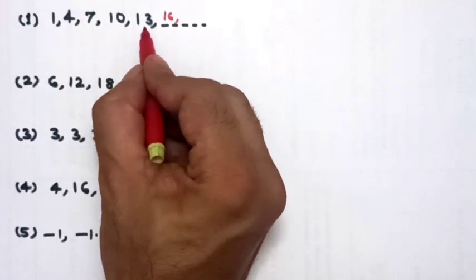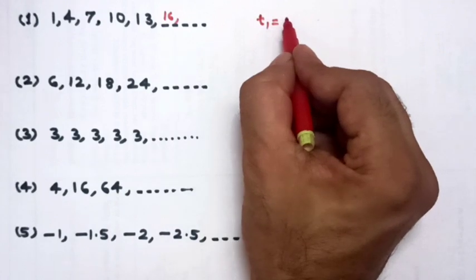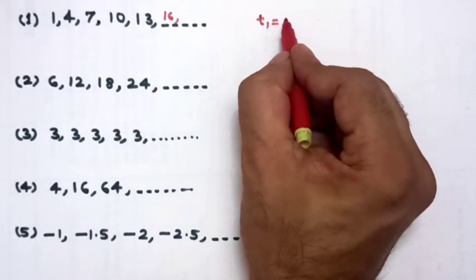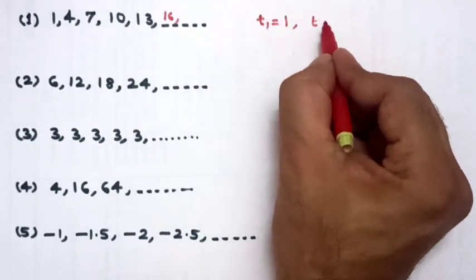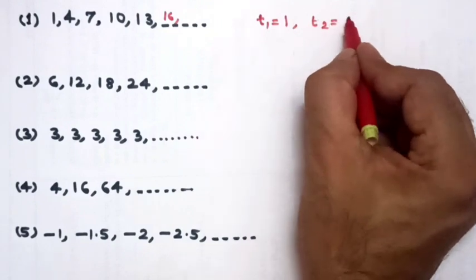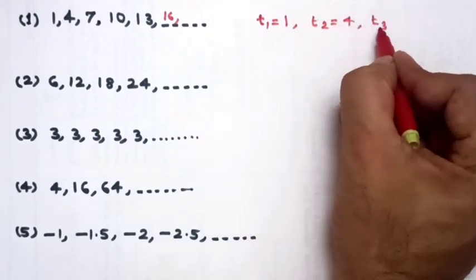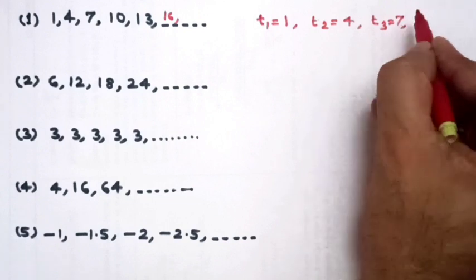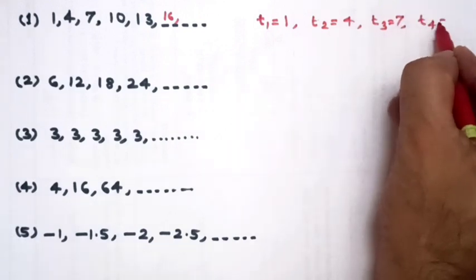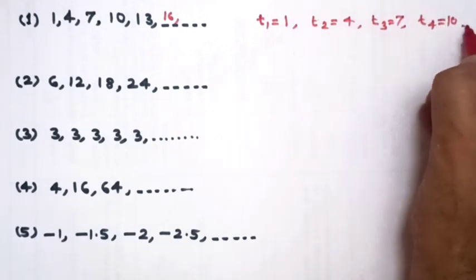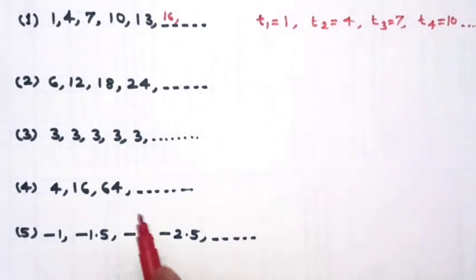So here T5 is 13. You can write T1 as 1, T2 as 4, T3 as 7, and T4 as 10, and so on.